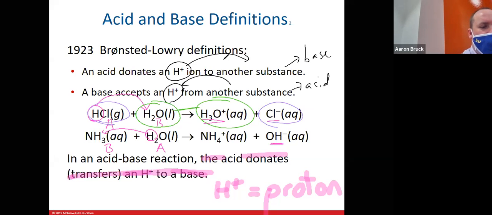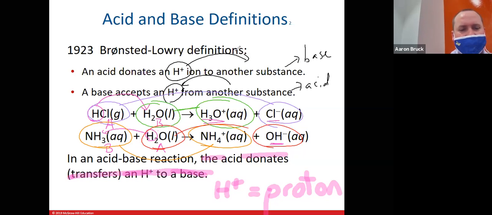HCl and chloride, that's a matched pair. The only difference between the hydrogen chloride and the chloride ion is the loss of that H+. Same thing for the ammonia and the ammonium ion. They are a matched pair. And the water and the hydroxide, they are a matched pair as well.